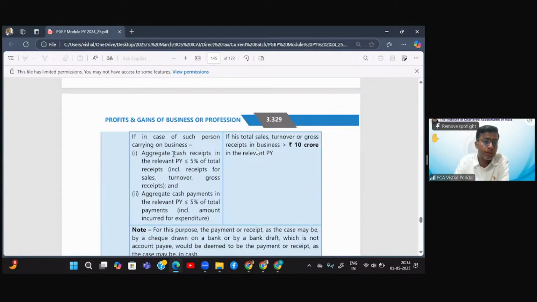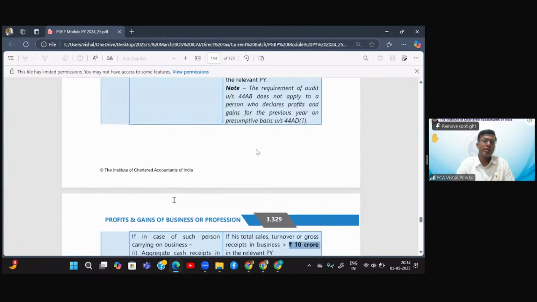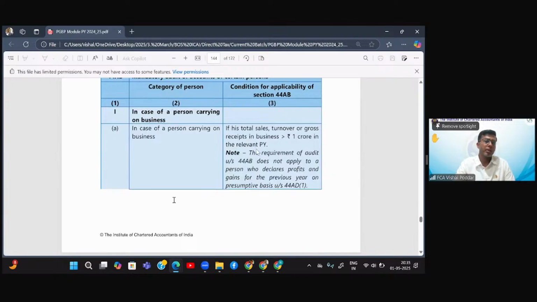And what does 95% mean? The receipts also and the payments also, 95% are through banking channel. That is, through cash, it is hardly 5% or even less. Then instead of 1 crore, the limit for tax audit is 10 crores. So where your majority business is through banking, the limit of audit is raised to 10 crores. You have to get your books audited only after you cross 10 crores. Where less than 95% is in banking channel, then the limit for getting your books audited is after 1 crore turnover.